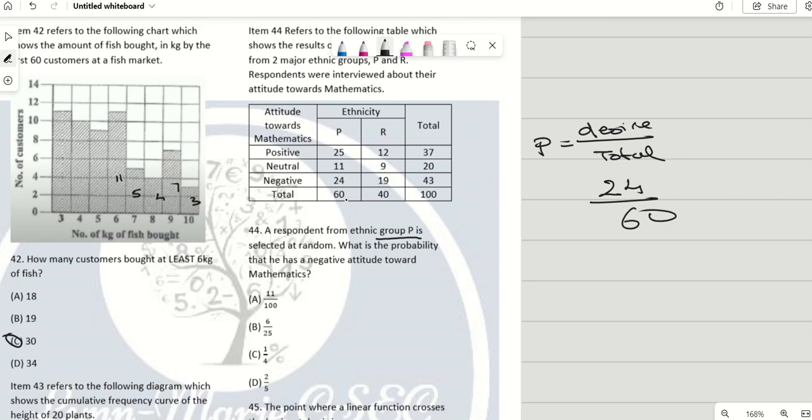Now 24 over 60, can we reduce it? Okay, let's check and see what could go into 24 and what could go into 60. 12. 12 could go into 24 2 times, and 12 could go into 60 5 times. And so the answer would be D, 2 over 5. Just need to know your timetables, right?